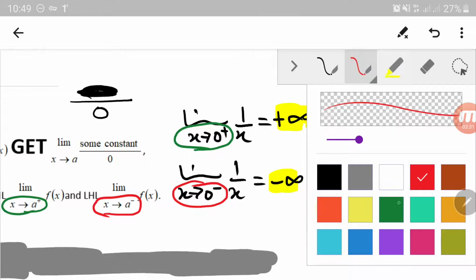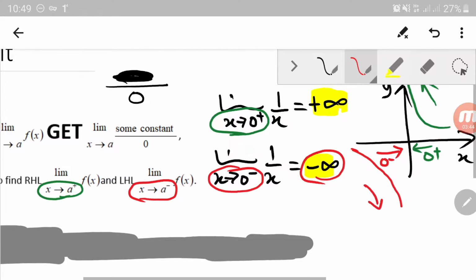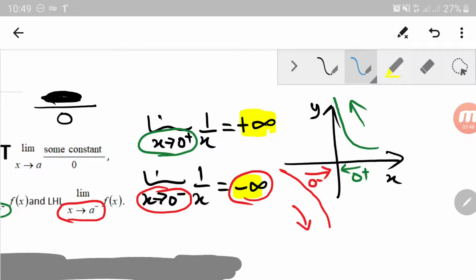You see, the green one goes up and the red one is going down. That's why it's negative infinity. So what we can see over here is additional information about this line.